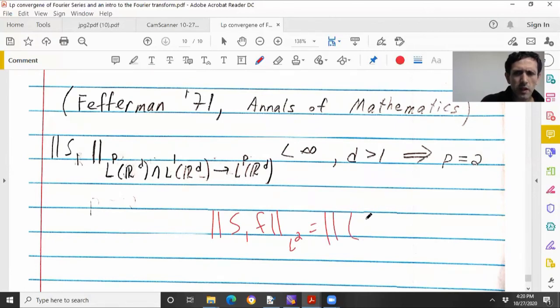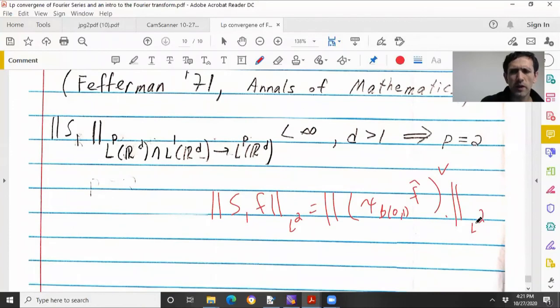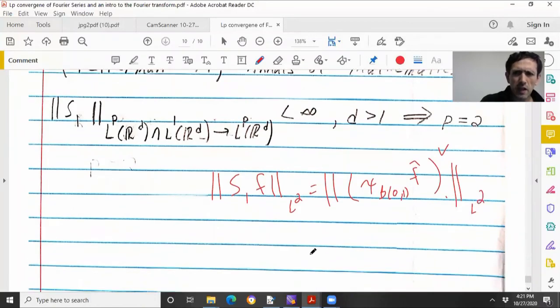Well, it's the characteristic function of the ball, center 0, radius 1, times the Fourier transform, then the inverse Fourier transform. By Fourier isometry, this is the characteristic function of the ball. So actually there's nothing special about the characteristic ball.